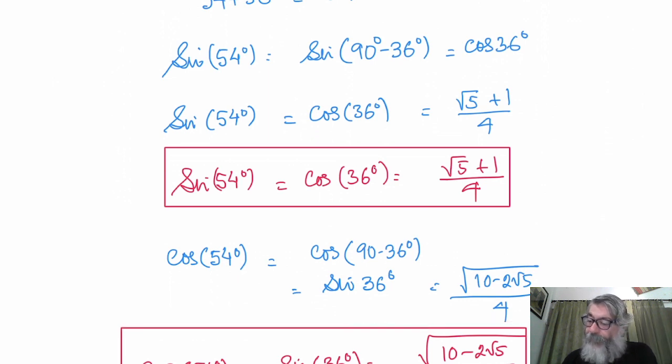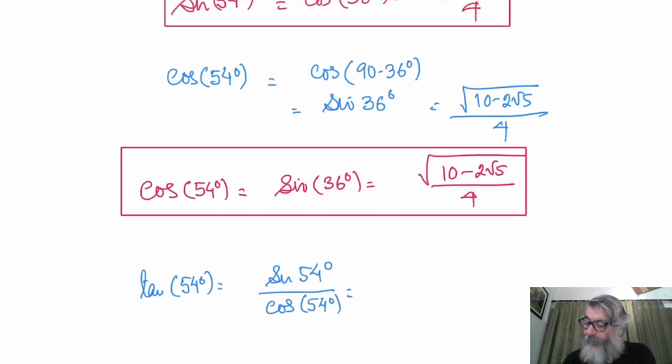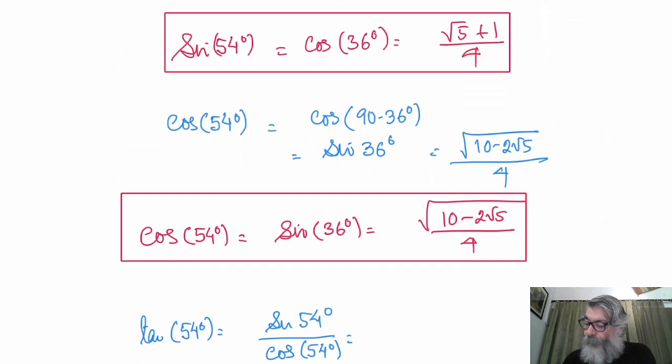Sine 54 is root 5 plus 1 upon 4, and cos 54 is under root 10 minus 2 root 5 upon 4. So tan 54 degree will be root 5 plus 1 upon under root 10 minus 2 root 5.